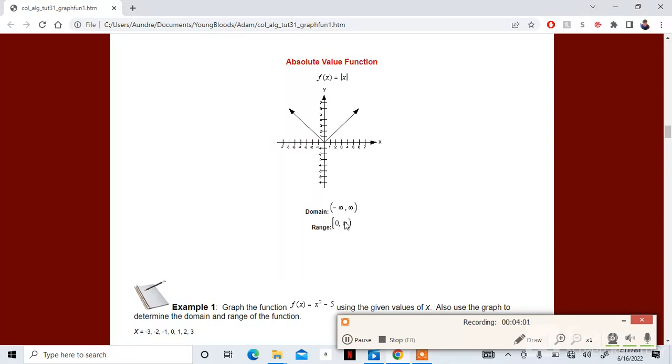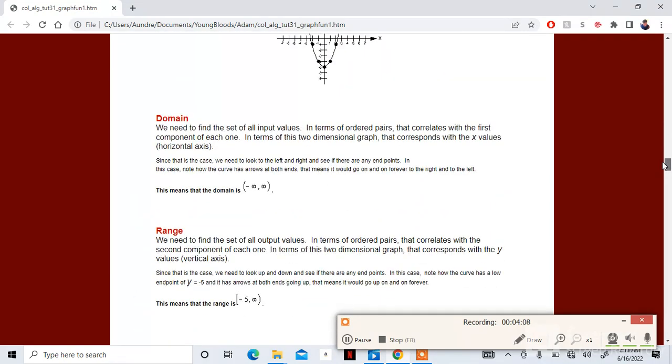The range, second component. And that correlates with the first component of each one. And remember, the domain is the left to right.